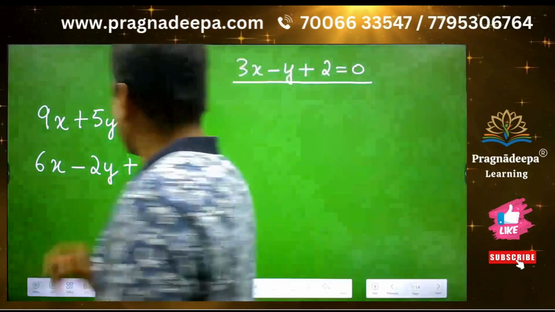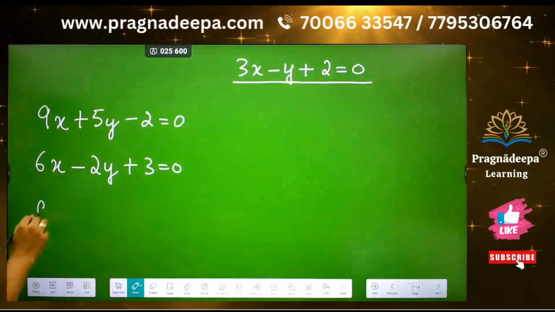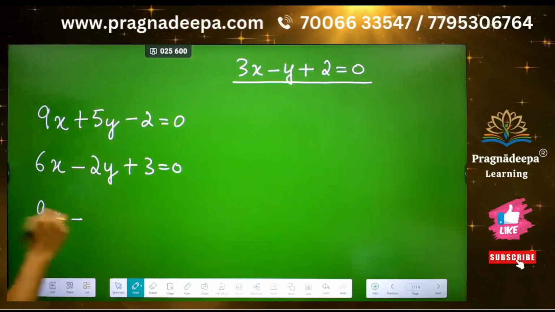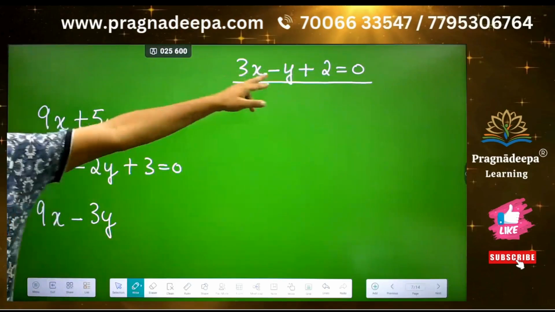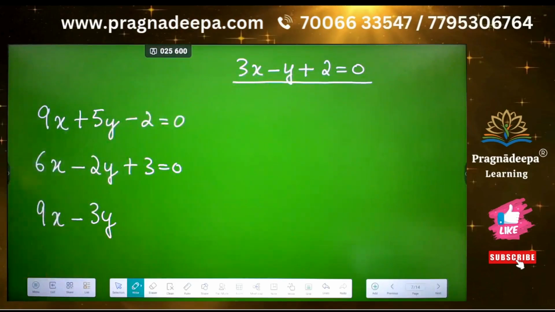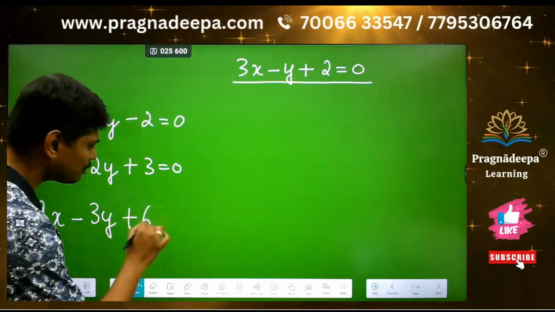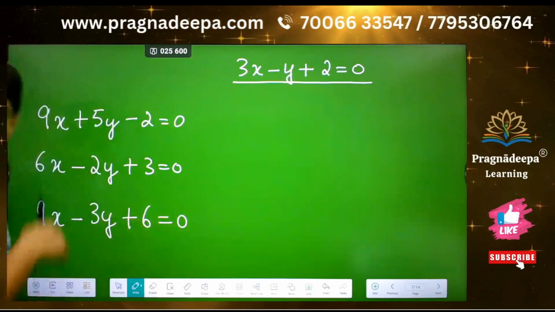Now, I again maintain the ratio. 9x. If I write 9x, what should I write here? Minus 3y. I must write it, correct? Because A1 by A2 is 1 by 3, B1 by B2 is also 1 by 3. So C1 by C2 I should maintain. Should I write plus 6? There is no other choice.